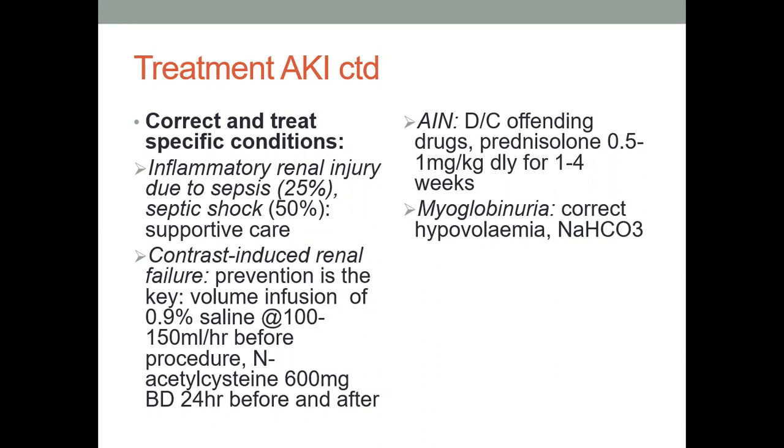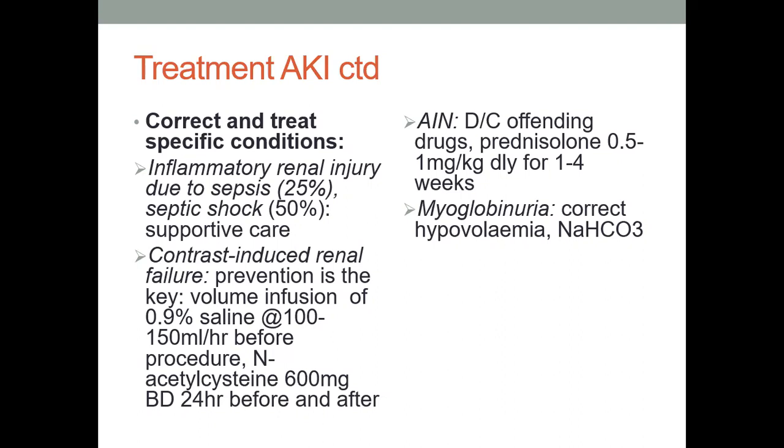For contrast-induced renal failure, prevention is the key. You want to adequately hydrate the patient by volume loading them at 100 to 150 ml per hour before the procedure. And you want to give N-acetylcysteine 600 milligrams BD, 24 hours before and after the contrast studies.